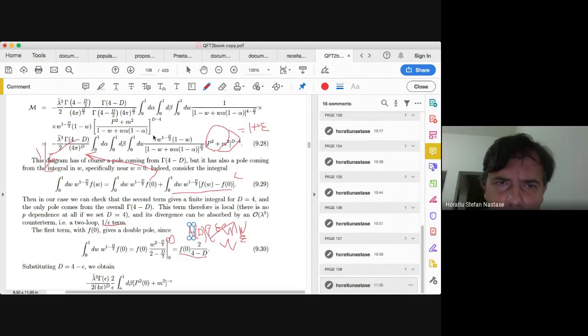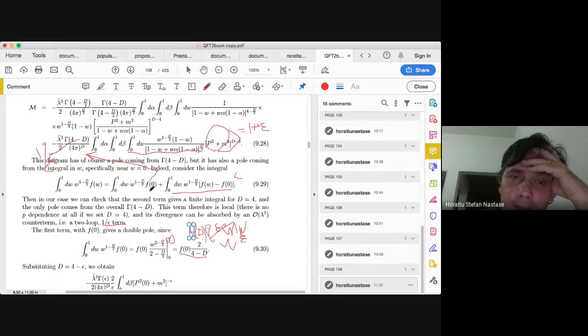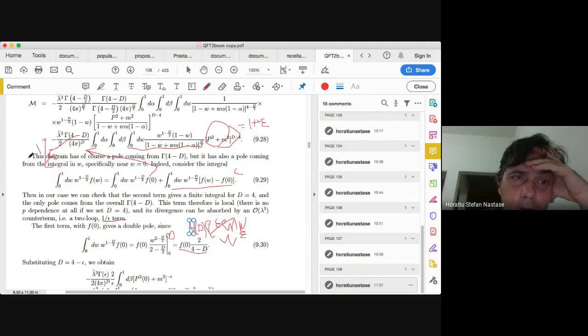I think I consider only this as f of w, and then I expand this in epsilon, because I'm near w equal to 0. So there's the overall 1 over epsilon.